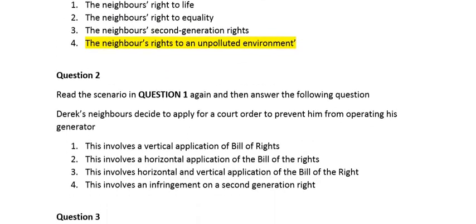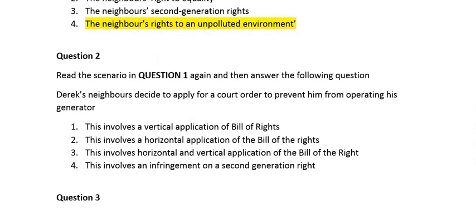Okay, let's go to question number 2. Read the scenario in question number 1 again and then answer the following question. Derek's neighbors decide to apply for a court order to prevent him from operating his generator. So guys, the question says you must read the scenario in question number 1 again so that you can understand this question. So let's go to question number 1 again and read.